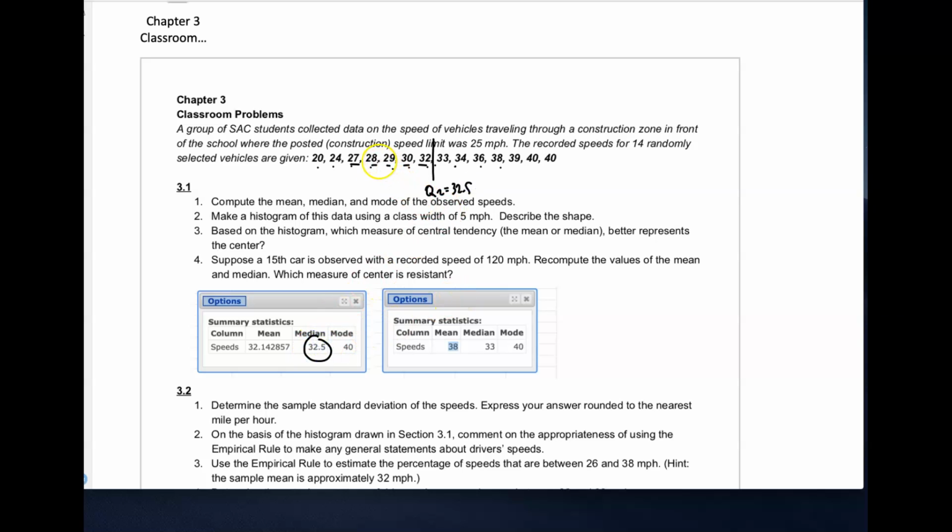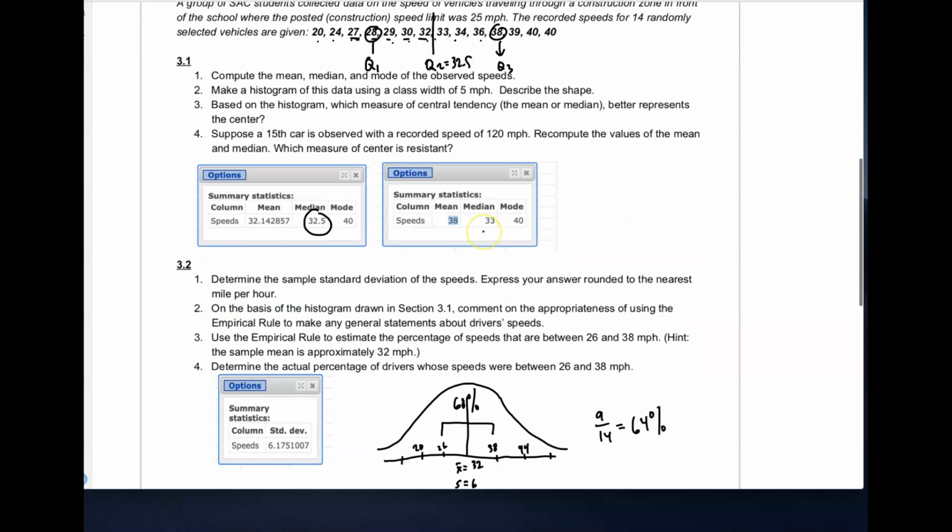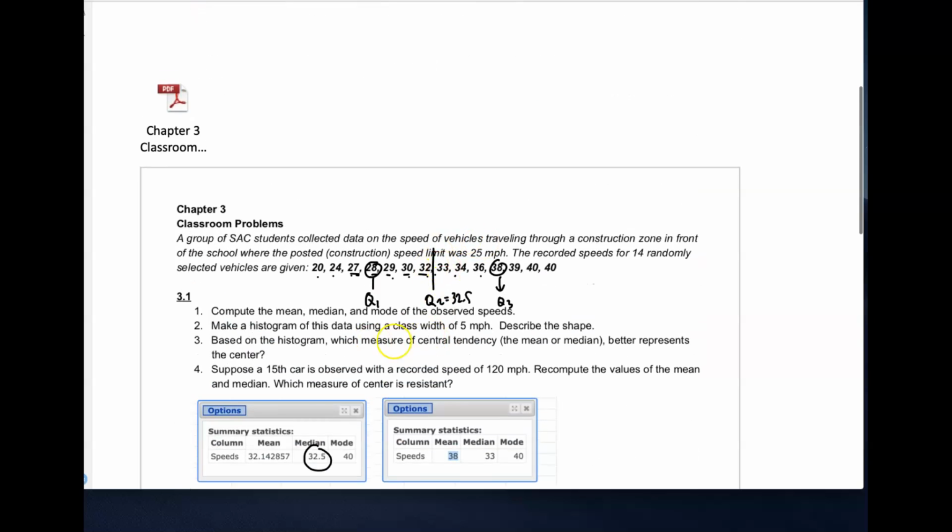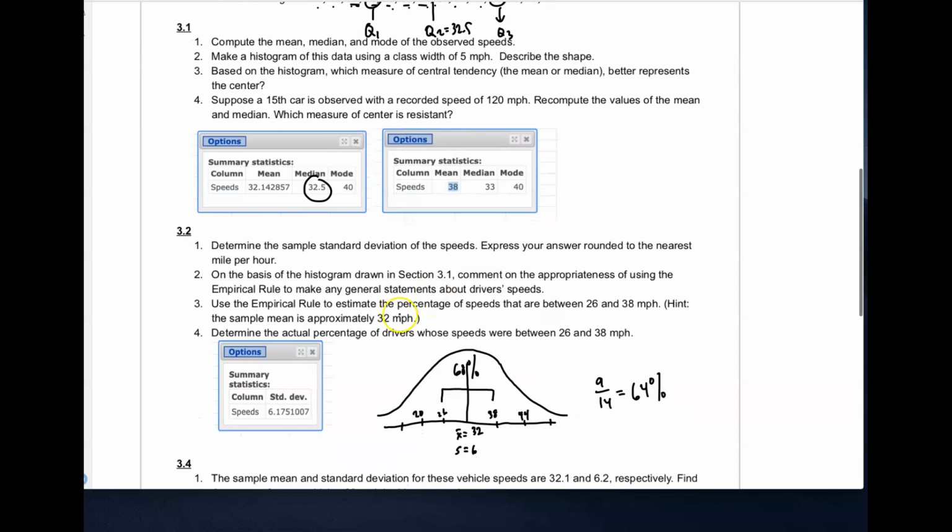Q1 is going to be the median of the lower half. Notice there's 7 values, 3, 3. So this value here, Q1, is 28. And again, Q3 is going to be the median of the upper half, and there's 3 and 3. So Q3 is 38. There's my Q1, Q2, and Q3.